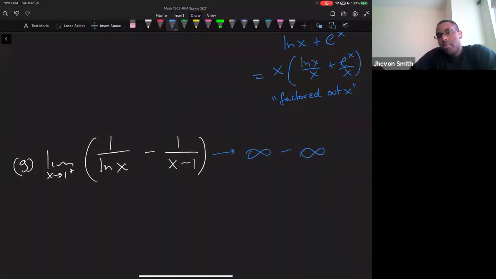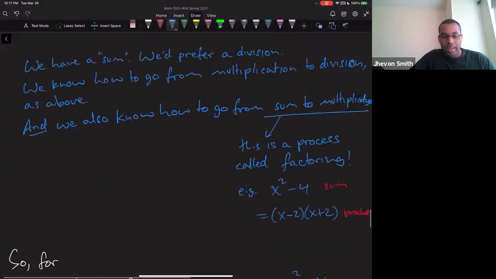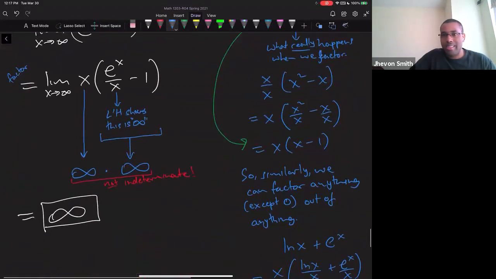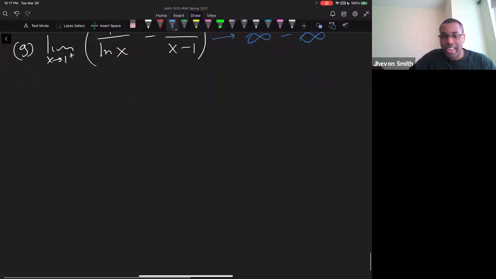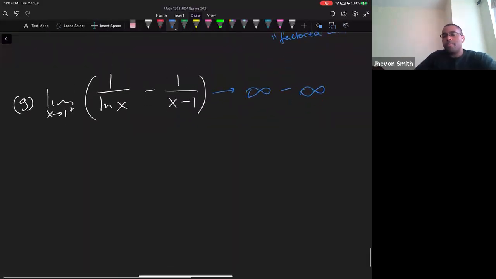At this point, you might be tempted to say that, judging by what's been going on so far, the infinity in the second term is bigger than the infinity in the first term, because the polynomial is going to move faster than the logarithm, and therefore it's probably negative infinity. Similarly, with e to the x and x, maybe the answer is infinite.